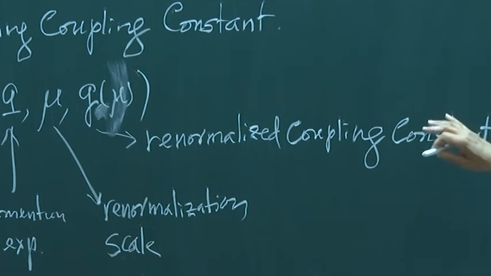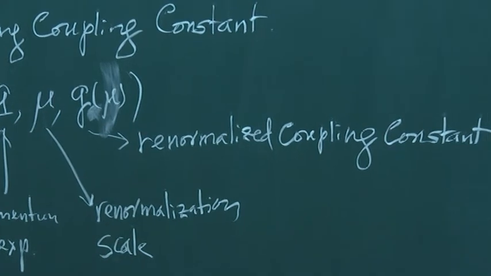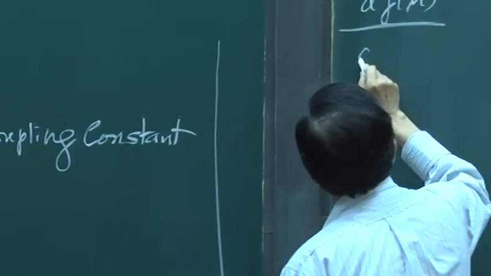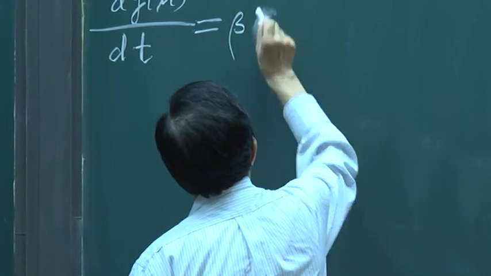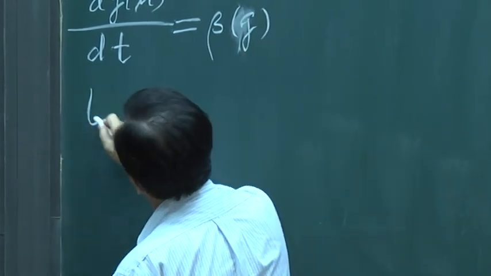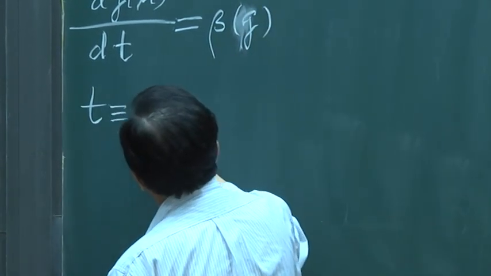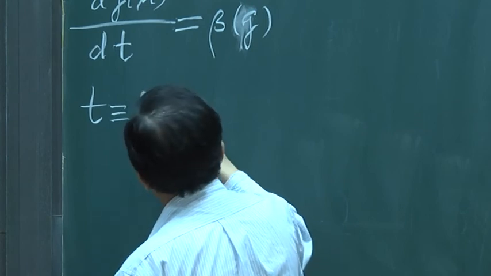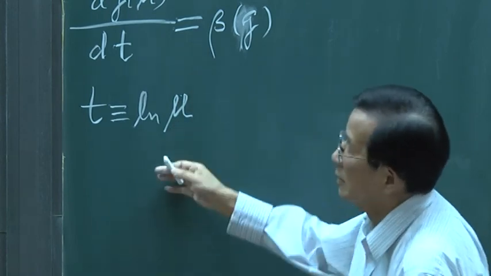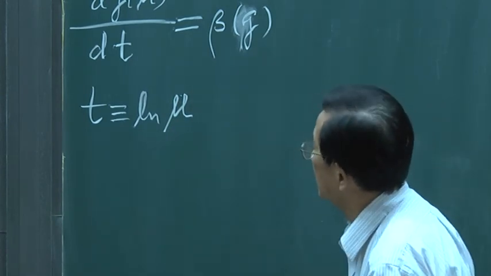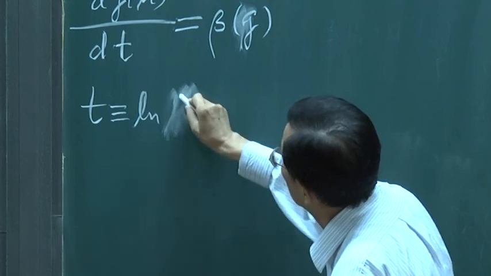Now, if you go through the renormalization group equations, you'll find that this G satisfies the following equation. And this t is equal to log Q, log mu. Okay. Or t, Q doesn't matter. Let's call Q. Mu, okay.